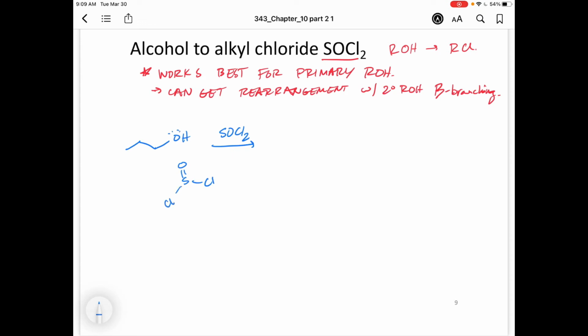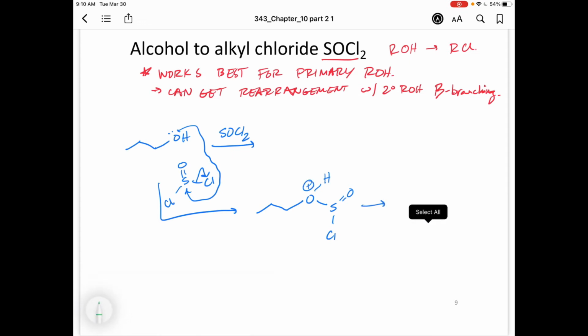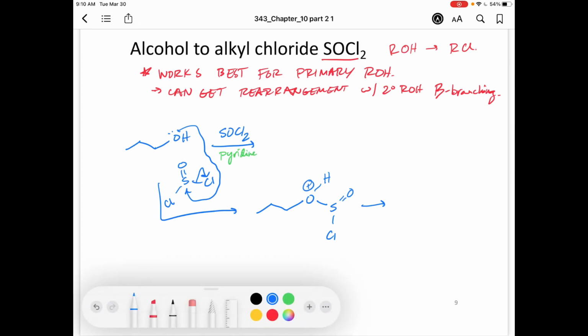We're going to take our alcohol and attack our sulfur, and kick out our chlorine leaving group. Now it still has a hydrogen attached. We also have pyridine present in this reaction typically. You're going to deprotonate it with pyridine.